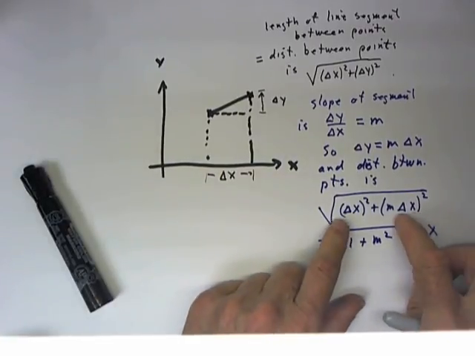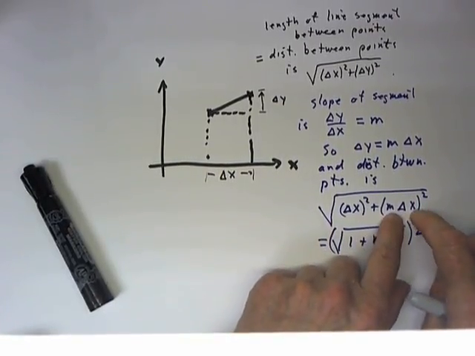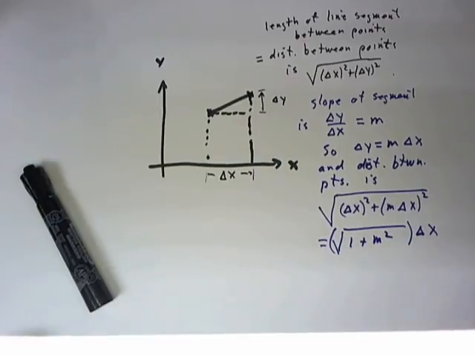Simply factor a delta x squared out of what we get if we expand this, and so forth. And this should be familiar to you from previous courses and from the study of arc length in your first semester calculus course.